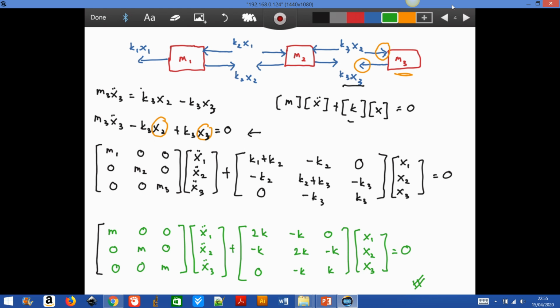Now we're going to move on to how to determine natural frequency.